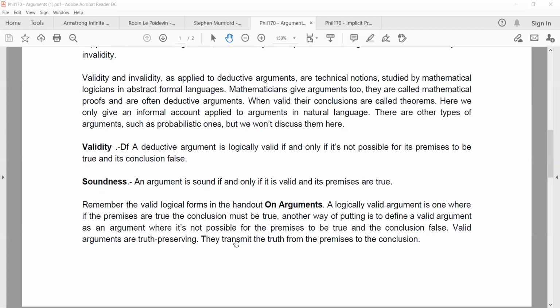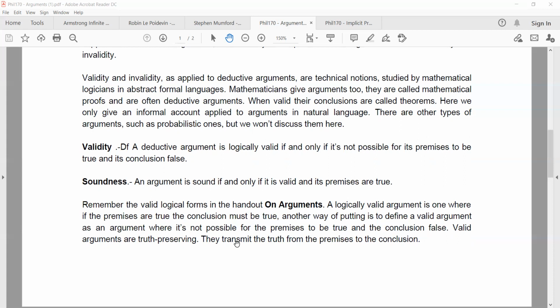So I mentioned earlier that in arguments, the premises are supposed to give support for the conclusion. They are supposed to give evidence for the conclusion. And I mentioned that the relation of support between premises and conclusion could vary depending on the type of argument. Well, for a deductively valid argument, as I mentioned, the support of the premises for the conclusion is the strongest there is.